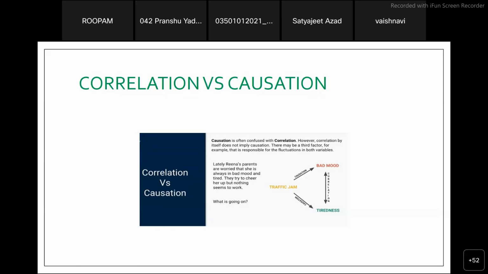This one is the latent variable, something which you cannot measure directly. For example, how happy you are, how sad you are, are latent variables. I can't say you are, let's say, 100 times happy.